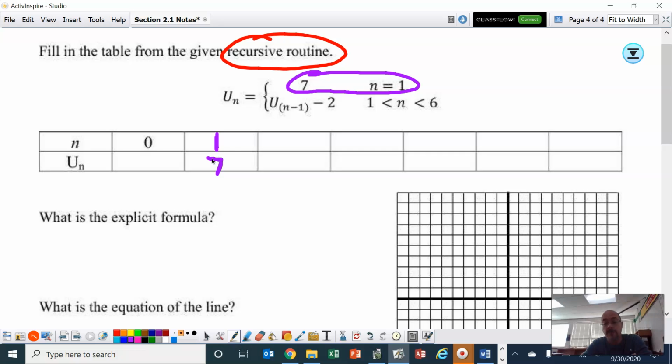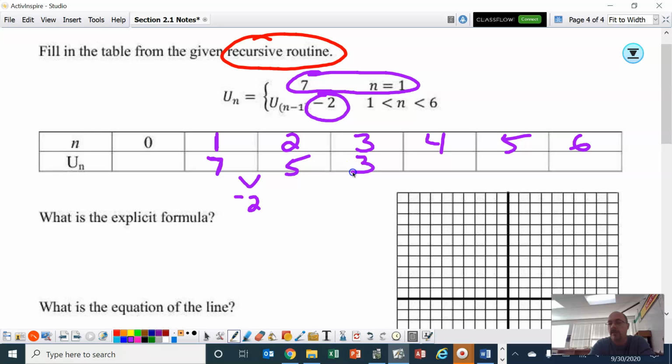I know my table starts with 0, and there's a reason for that. We're going to get to it. But the first number in the sequence is a 7. The rule is telling me to go down by 2, to subtract 2. So subtracting 2, I now have 5.